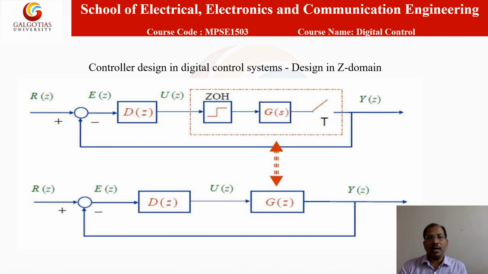Here they are transferring the plant into the Z domain. You can see the sampler here and this is G(s). With this, the system is represented in the Z domain, meaning digital.